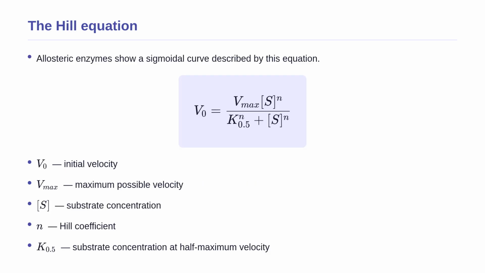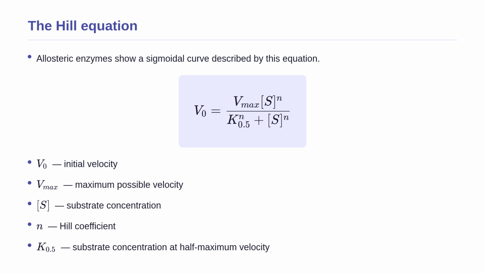This brings us to the mathematical side of things. Unlike simple enzymes, allosteric enzymes often show an S-shaped curve, described by the Hill equation. Let us break down the formula. V0 is the initial velocity of the reaction. Vmax is the maximum possible speed when all active sites are saturated.